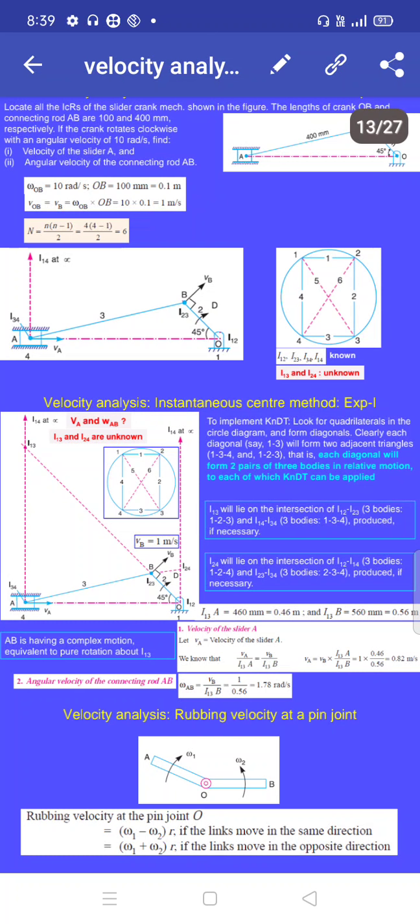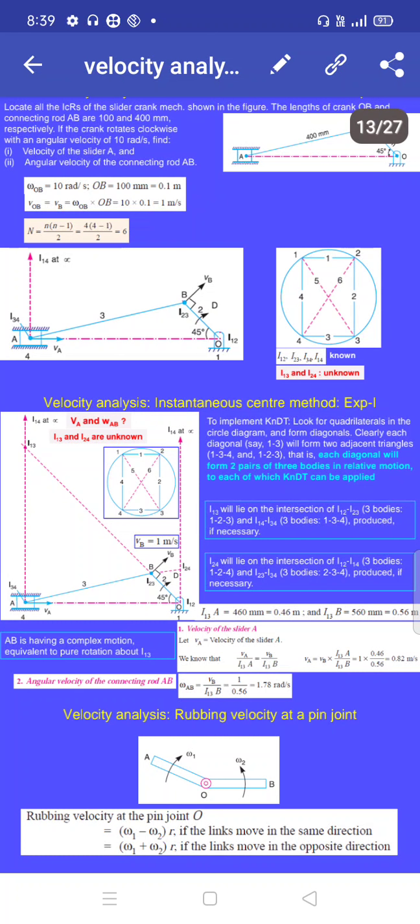So I13A is equal to 460 mm, that is 0.46 meter, and I13B is equal to 560 mm, 0.56 meter. Velocity of the slider is the velocity of A. We know that VA divided by I13A is equal to VB divided by I13B.